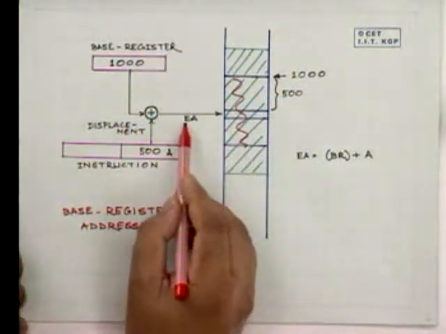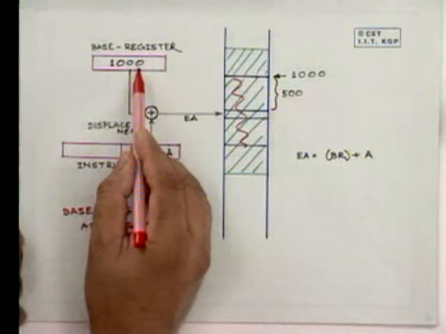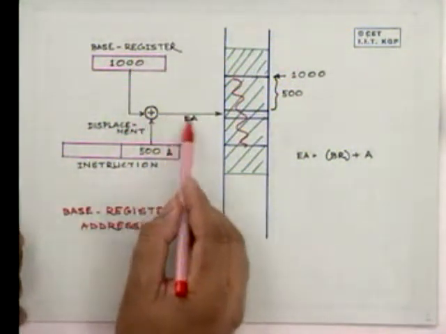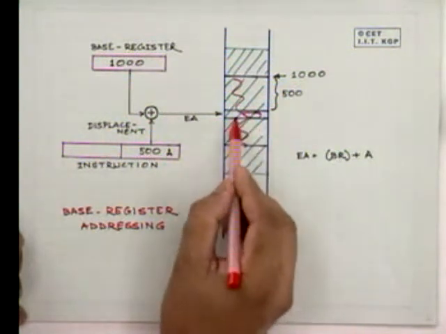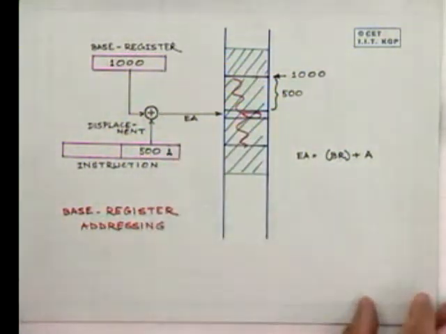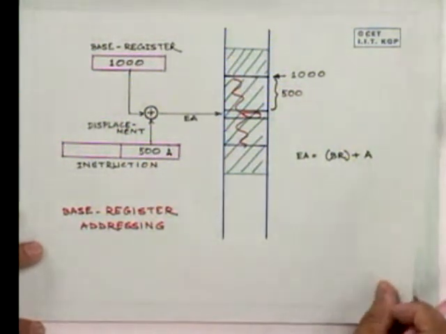Therefore, here the effective address is the content of base register added with the displacement, and then you get that effective address, and its content can be taken as an operand. This is our base addressing, right?